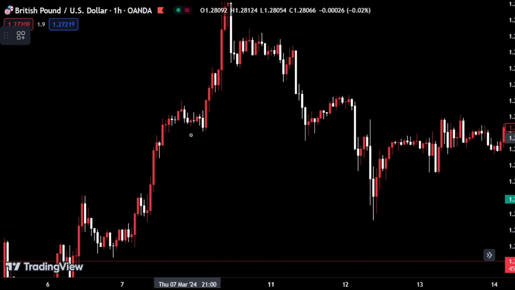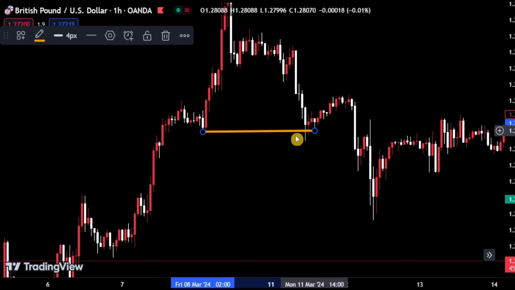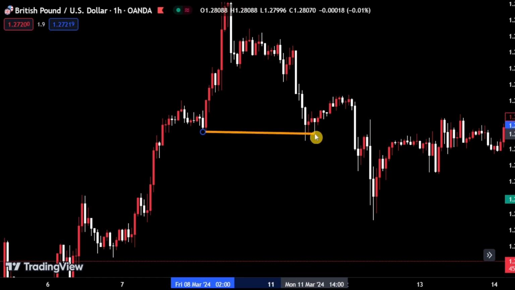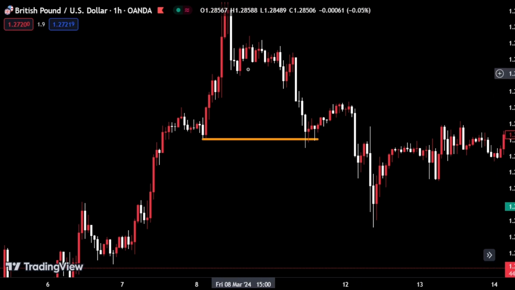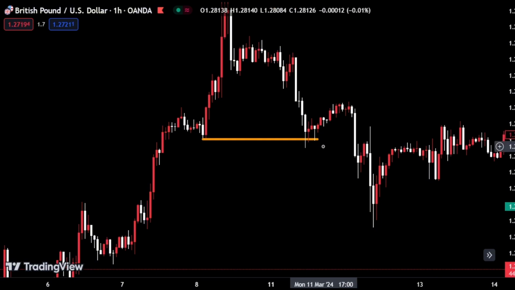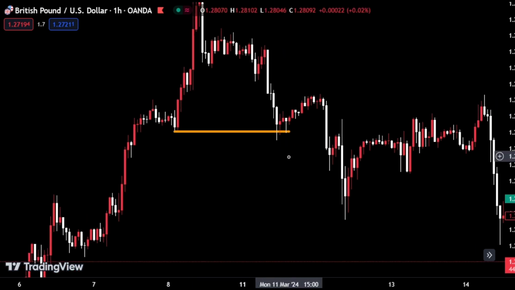There was a liquidity grab below here, since the market invalidated this place. Look how this low was created. Already from here, we can see that the market is failing to continue to the upside. And when we finally took out this major low, that signifies that the market was ready for a downtrend. So we had a little retracement to somewhere here.